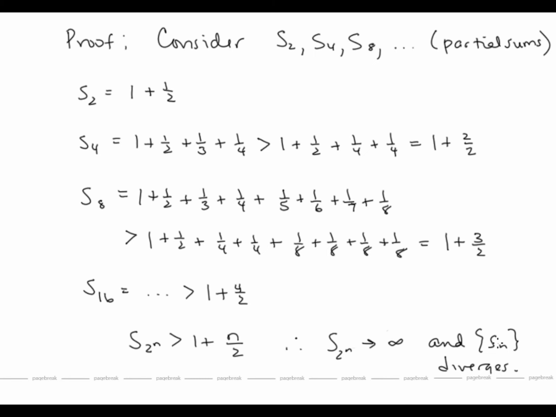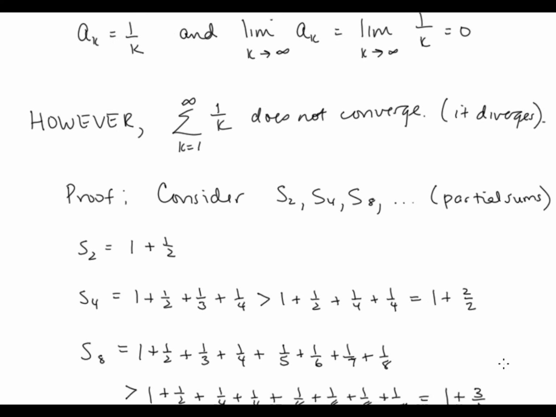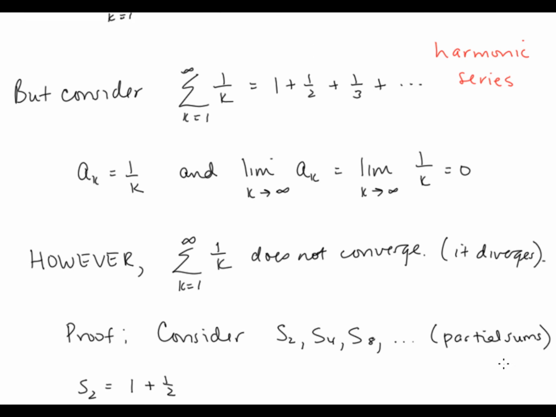And therefore that sequence of partial sums diverges. And that says, of course, that the series diverges. So here we have a series where its terms go to 0, but it doesn't add up to something finite. And this is an important example to keep in mind.